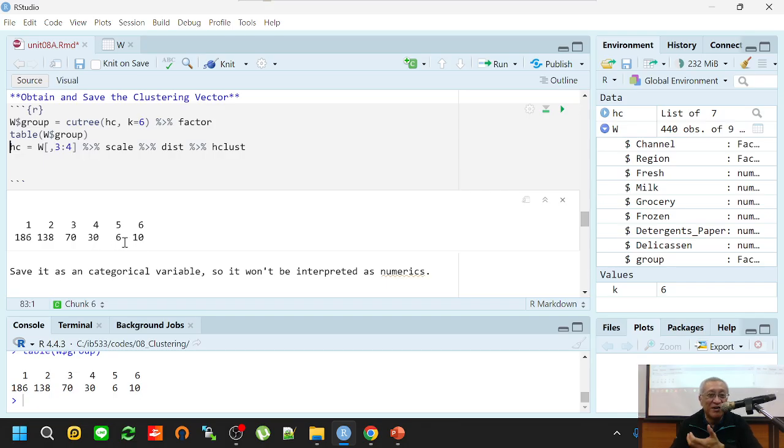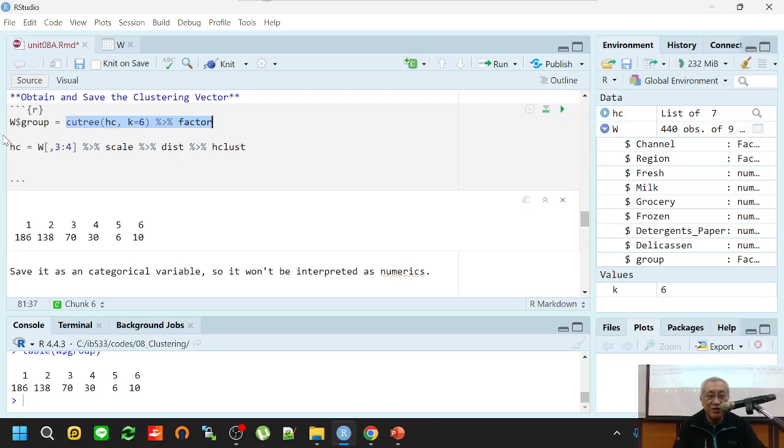Now the grouping is still like it's always this way, right? Some groups will be large and some groups will be small, depending on how many groups you want to cut it into, right? You actually can combine the entire process together, right?